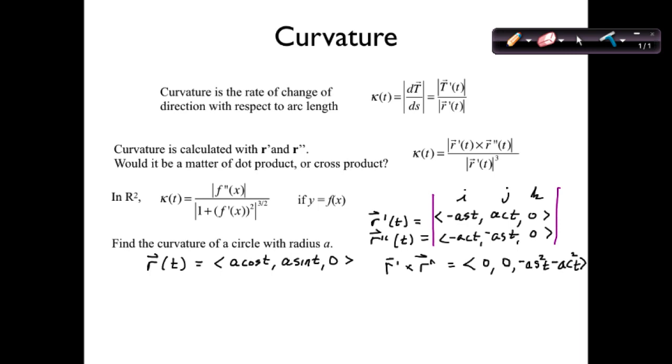Okay, so what is the magnitude of that? This formula is calling for the magnitude of the cross product. So what is minus A sine squared minus A cosine squared? Oh, it's plus this way, right? Oh, geez, I got them both wrong. Plus and plus, right? Going down to the right, minus times a minus is a plus. I think I went down to the left first, and that was the problem.